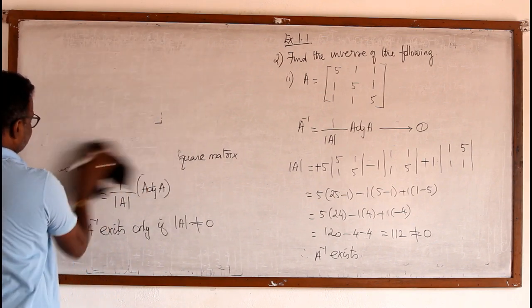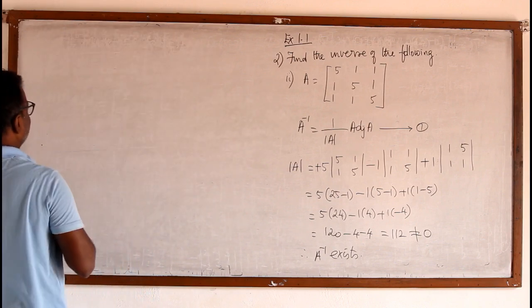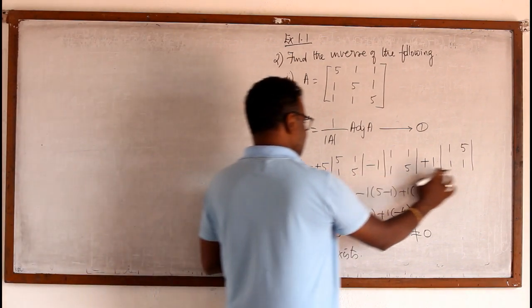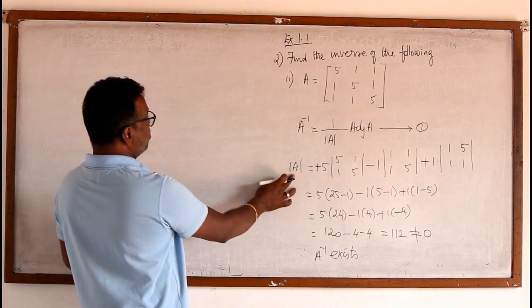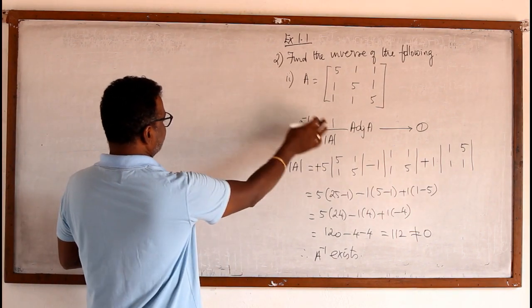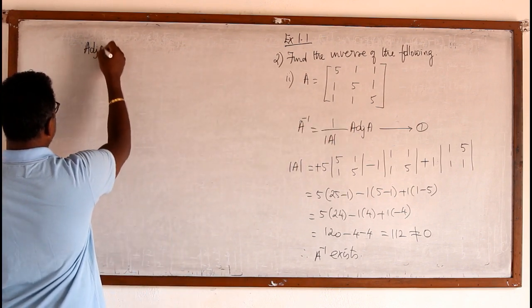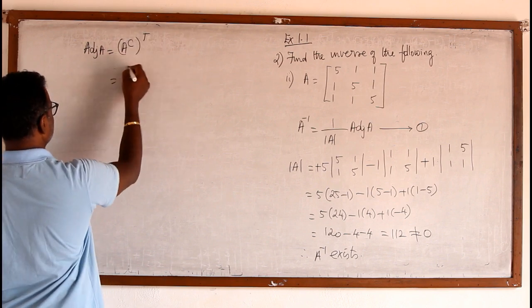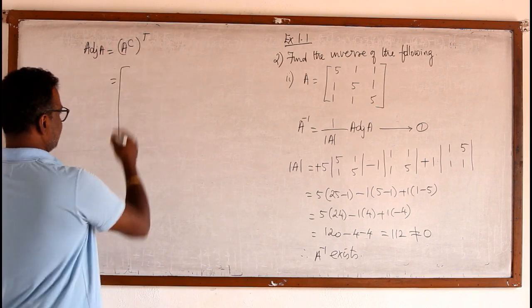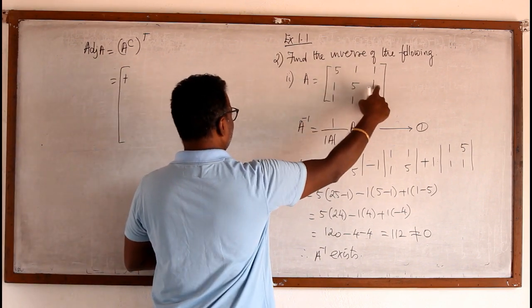Now we can find the adjoint of A. Let me try to find this adjoint of A in a shortcut way. For that only, I found this determinant of A by expanding along row 1, to make finding the adjoint of A easier. Listen here. Adjoint of A equals the cofactor matrix transpose. We shall find the cofactors. If I omit this 5, I get 5 1 1 5.